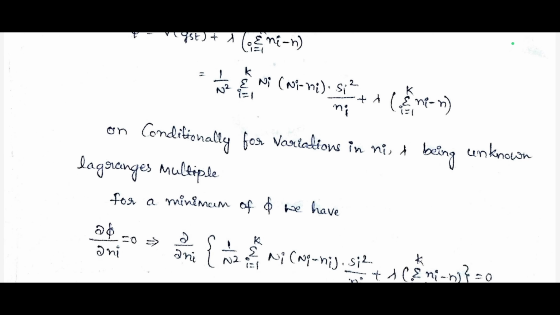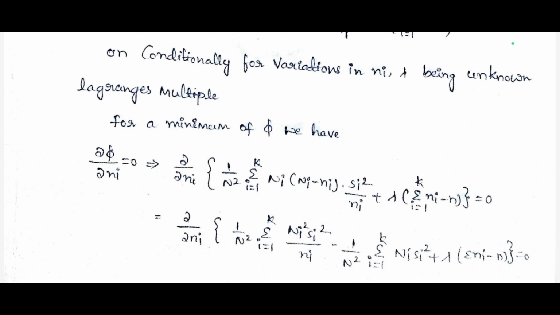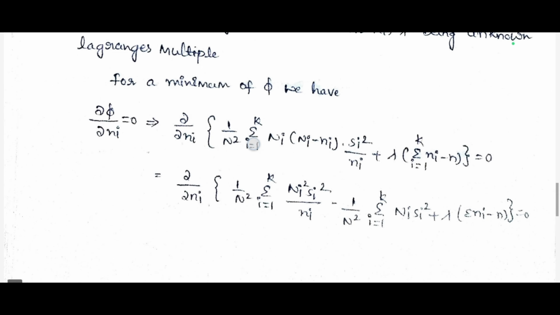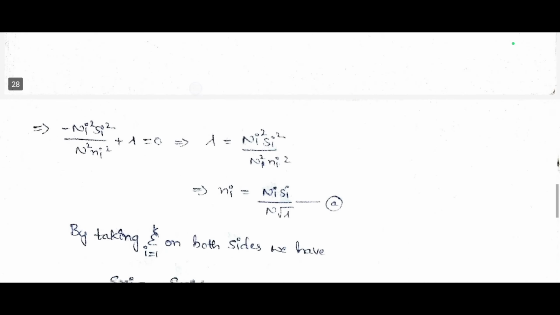For a minimization, we differentiate phi with respect to ni and equate to 0. There is no term of the summation ni value, and we put it equal to 0.